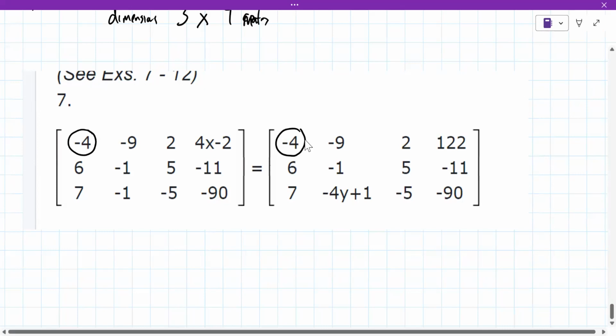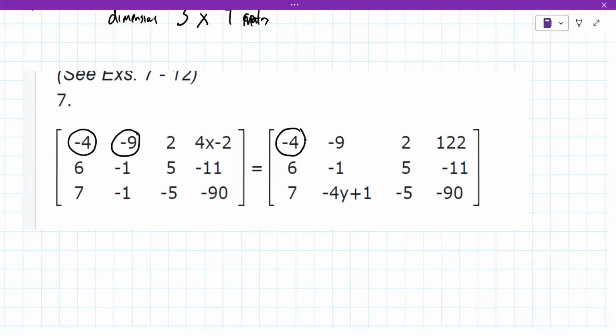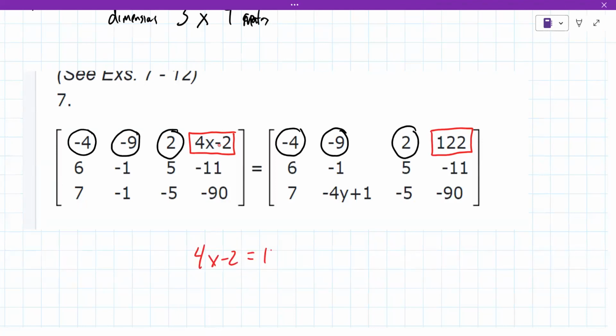Yeah, and they're in the same column too. The same row and column, same position. You can see that the -9 and the -9 are the same. Yes. You see that the 2 is the same as the 2. So it's reasonable to conclude that the 4x minus 2 should be equal to the 122. Yeah. And it is.